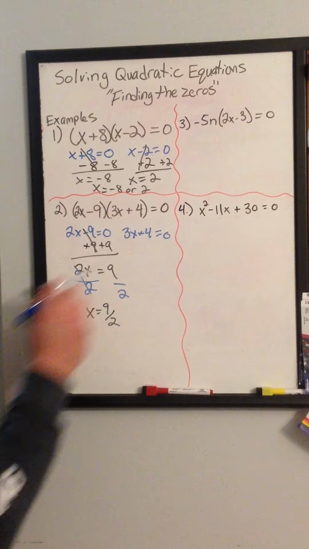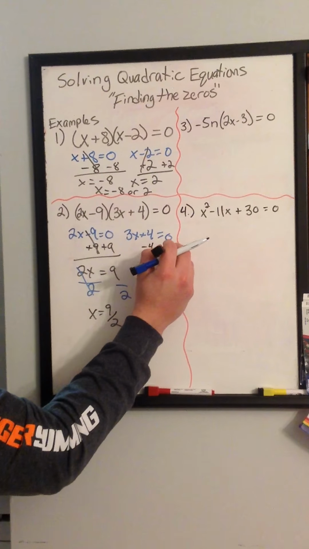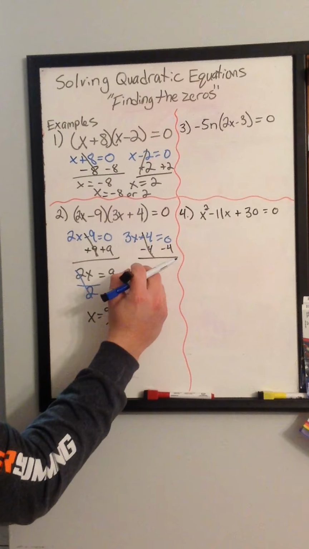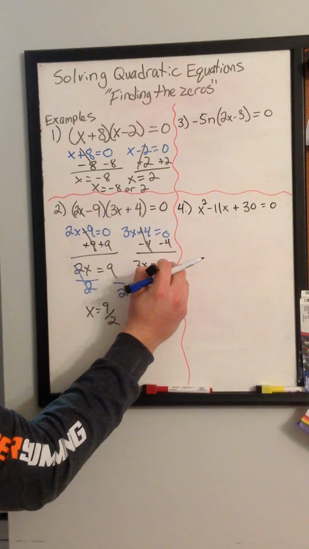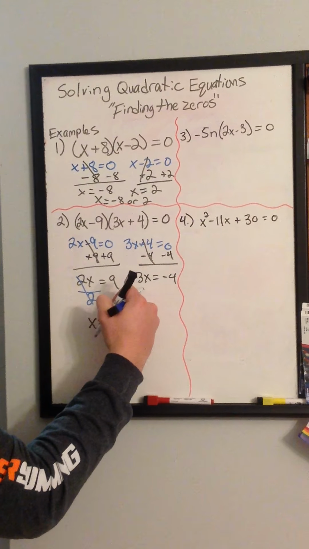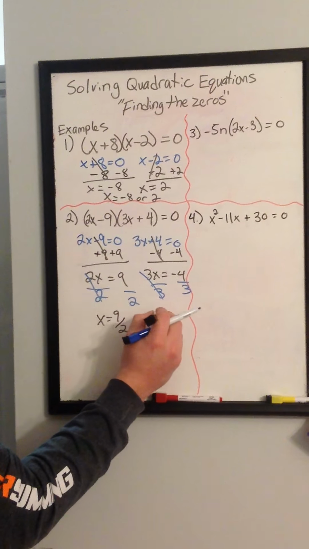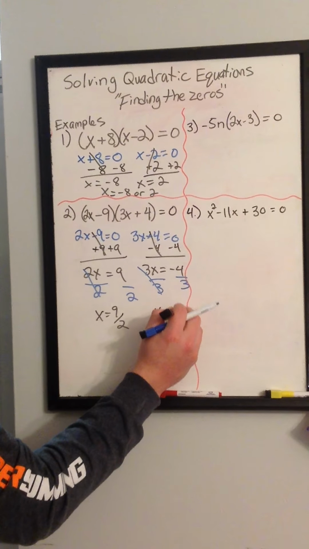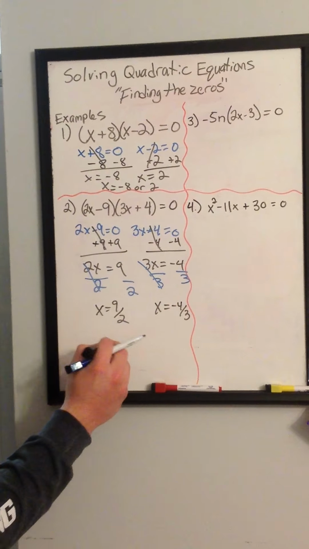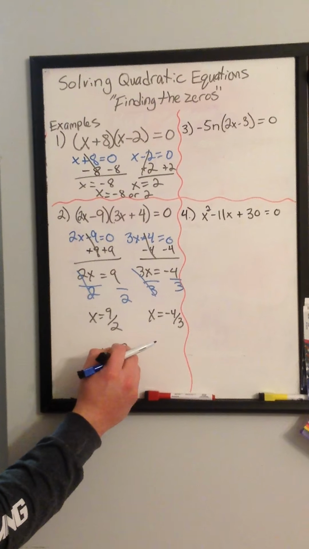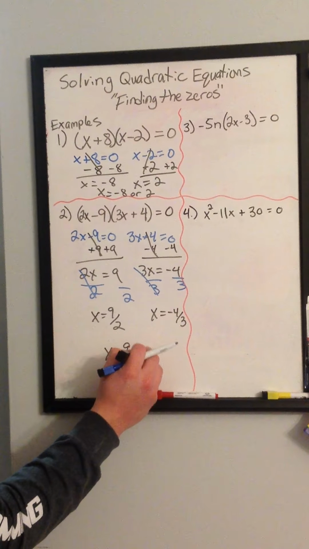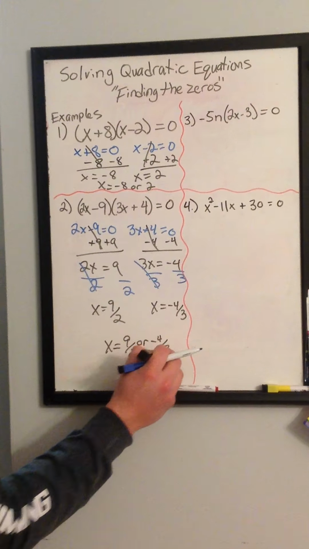On this side, we're subtracting 4 from both sides, giving us 3x is equal to negative 4. Then we're dividing both sides by 3, giving us x is equal to negative 4 over 3. So our two possible answers are 9 over 2 or negative 4 over 3.